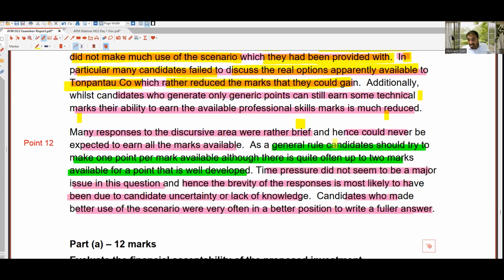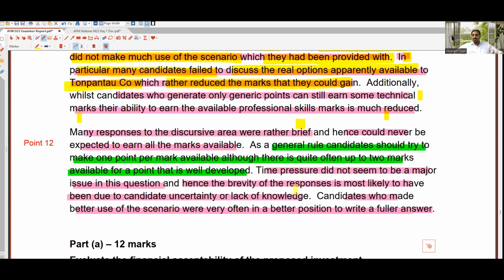As a general rule, this point is very important. A candidate should try to make one point for each mark available, although there are quite often up to 2 marks available for a point that is well developed. Time pressure did not seem to be a major issue in this question.